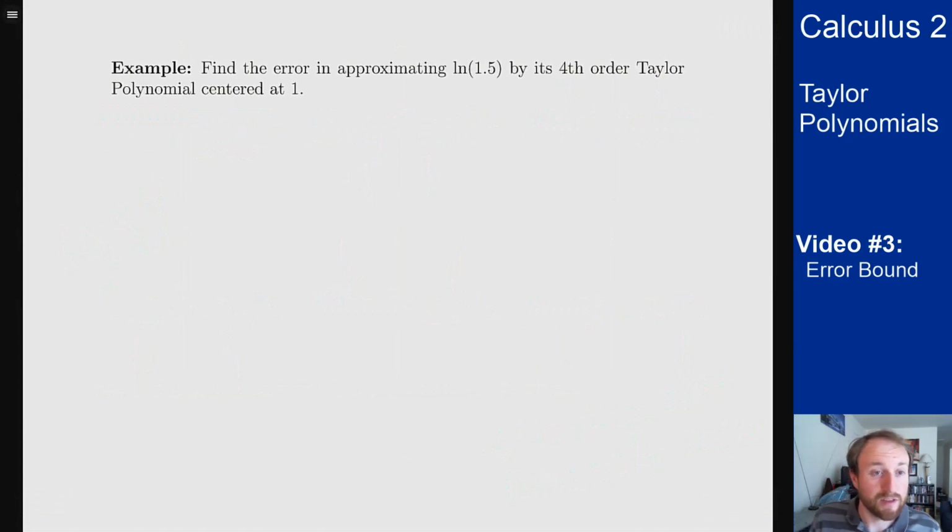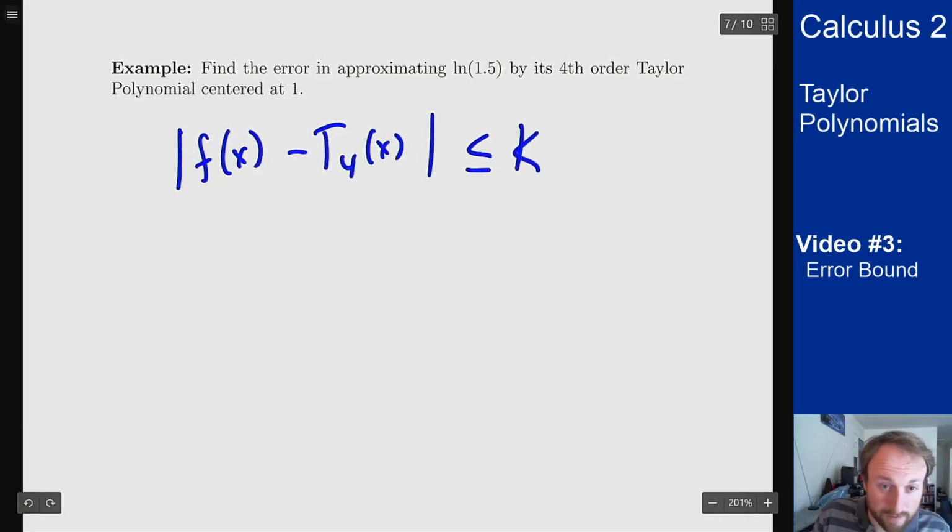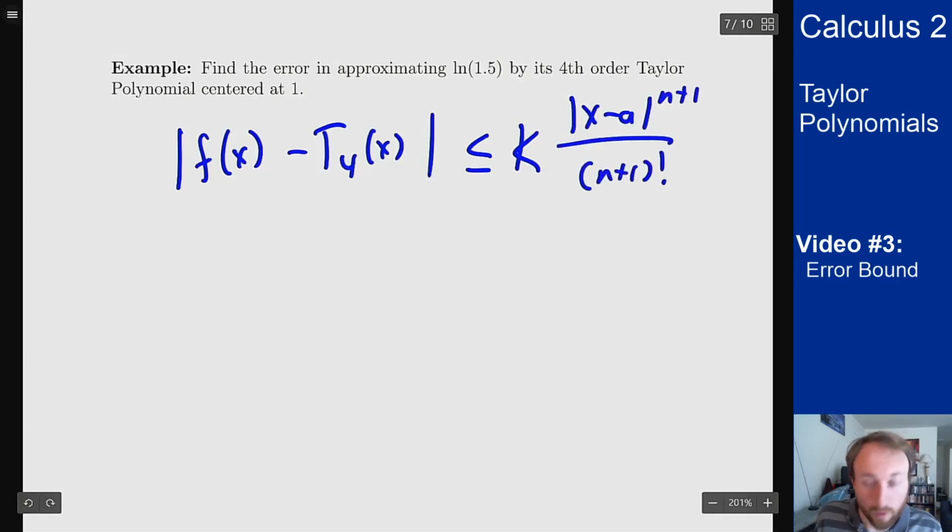As an example of using this, let's find the error in approximating log of 1.5 by its fourth order Taylor polynomial centered at 1. So how are we going to do this? We're going to want to look at f minus T4 of x should be less than or equal to this k that we have to find, times x minus a to the n plus 1 over n plus 1 factorial. But in our case, n is 4.